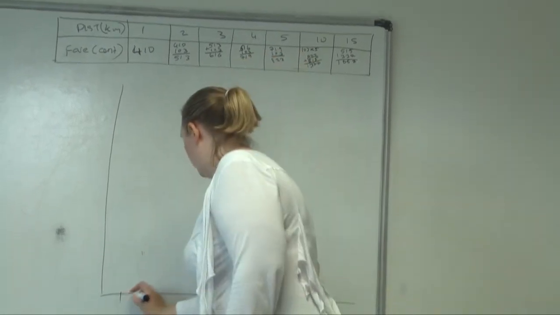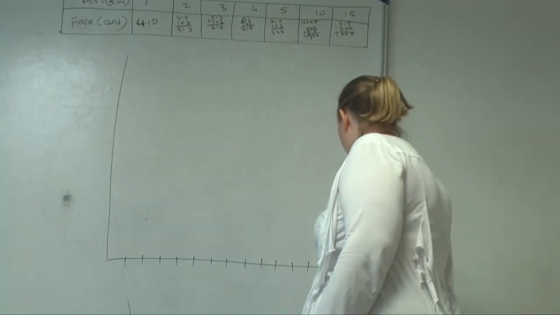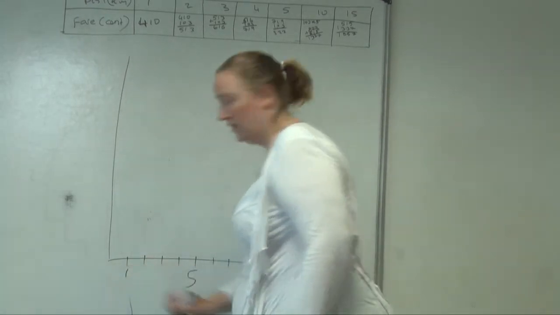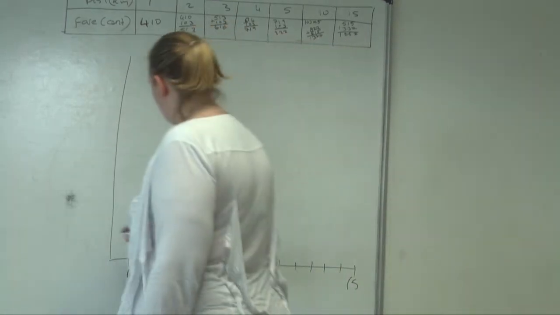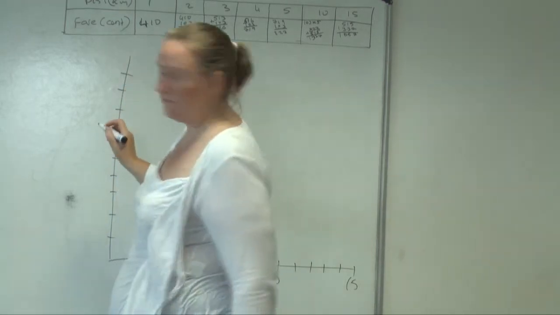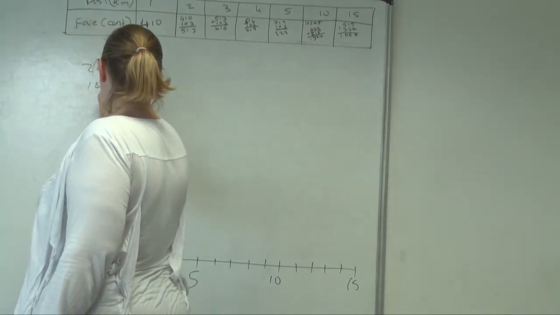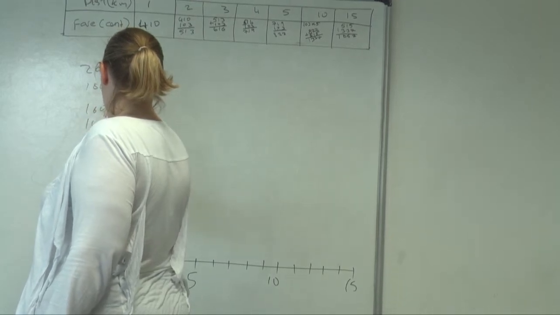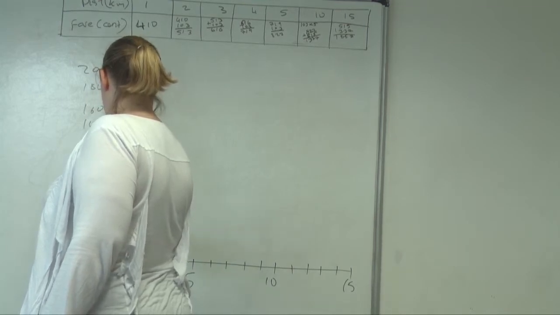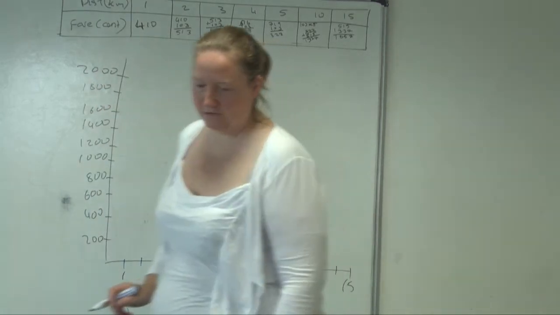Distance along the bottom from 1 to 15, and the fare up in twos: 2, 4, 6, 8, 10, 12, 14, 16, 18, 20. And you have to draw it in.